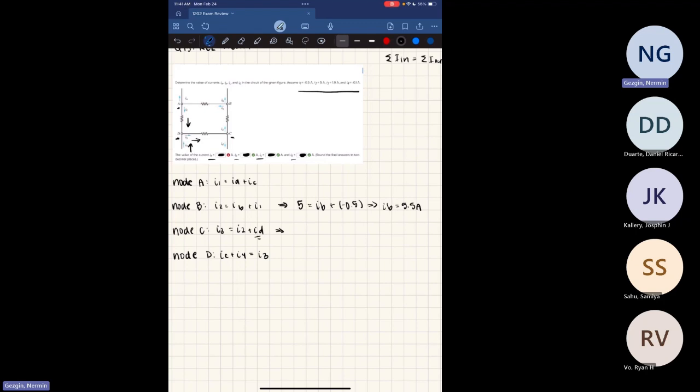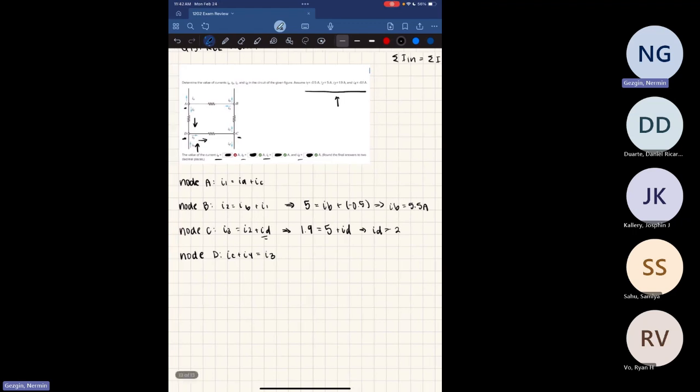Here, we again have only one unknown, which is ID. We know I3 and we know I2. So plugging in our values from up here, we get 1.9 for I3, which is equal to 5 amps for I2 plus ID. Solving this through gives us ID as equal to roughly 2 amps.